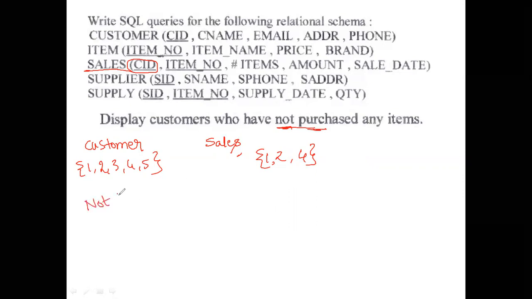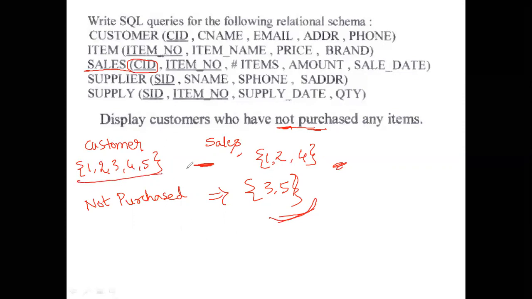So the customers who have not purchased will be 3 and 5. How did we arrive at 3 and 5? That is the set minus operator, right? This set minus this will give us the result. The customer table contains all the customers, and the sales table contains only those customers who have purchased. When we perform the set minus operation, we get these details.